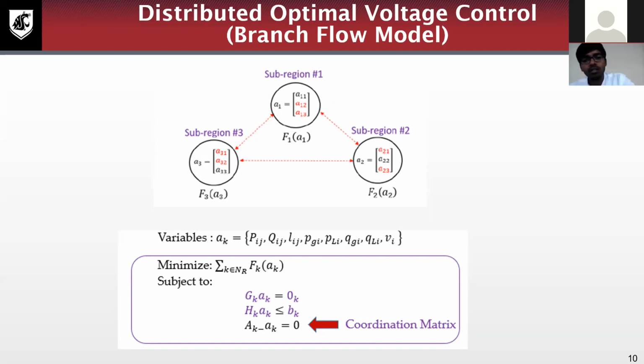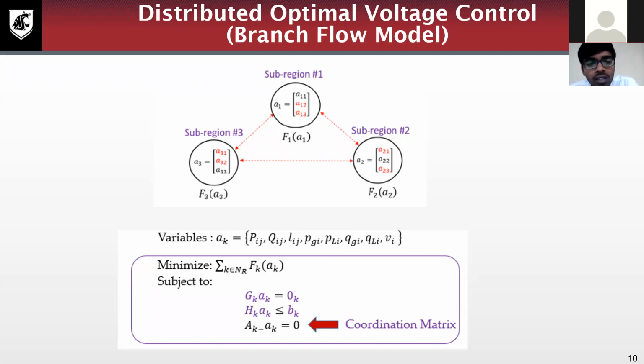So suppose you have the whole power system network, and then you divide the network into three subregions, subregion 1, 2 and 3. Now as you can see, in variables Ak, K is the number of subregions that you have. So K is basically equal to 3 here. Suppose in subregion 1 you have this set of variables, Pij, Qij, Lij and everything.